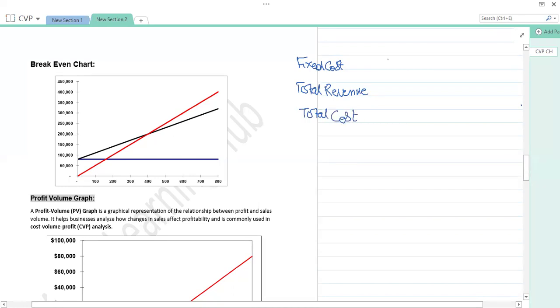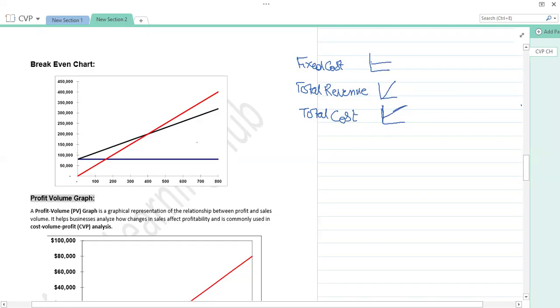Now, you know how the fixed cost will behave. Fixed cost behaves like that. How does the total revenue behave? It is also variable, it behaves like that. And what about the total cost? It behaves like semi-variable cost. We can say semi-variable or the total cost.